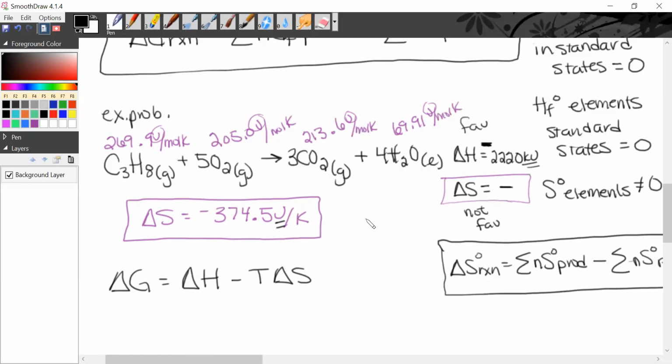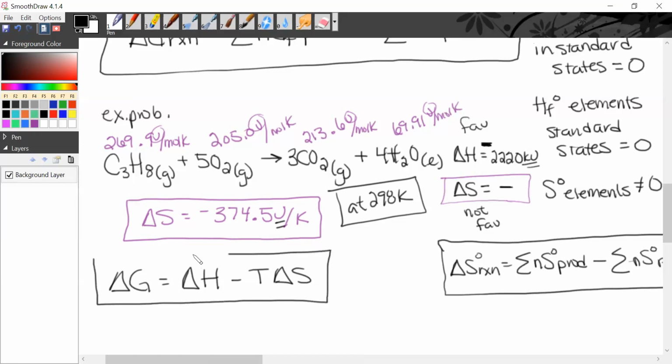What's the temperature this reaction is taking place at? I think it's 298. At 298 Kelvin, tell me if this reaction is going to be spontaneous or not, because we know it's going to depend on temperature. I have one thing that's favorable and one thing that's not, so the temperature is going to matter. Put everything in the right units, plug and chug, and tell me if this reaction is going to be spontaneous.